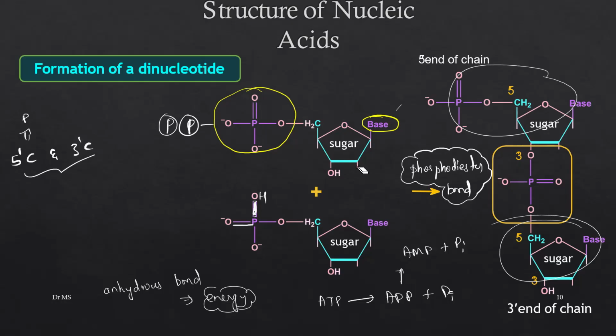So it will be happening between the phosphate group and the third carbon OH group. So they will be making the bond. That bond we call a phosphodiester linkage. So that's why this bond direction is also said to be 5 to 3. Because the fifth carbon phosphate and the third carbon OH will be making this phosphodiester bond. So it is between 5 and 3.